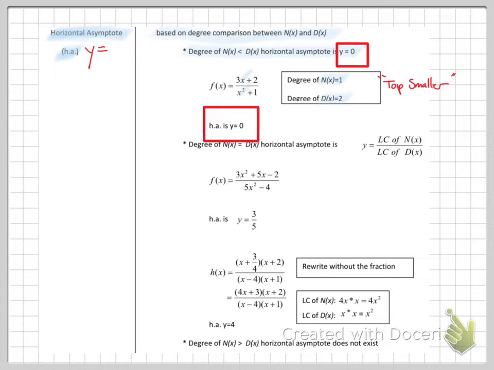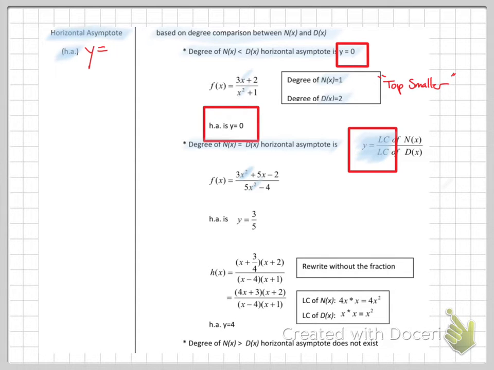Okay, so then the other option, the degree of the numerator could equal the degree of the denominator. In that case, you have to do a little bit of math to find the horizontal asymptote. It's y equals the leading coefficient over the leading coefficient. So in this example, it's something x squared over something x squared.